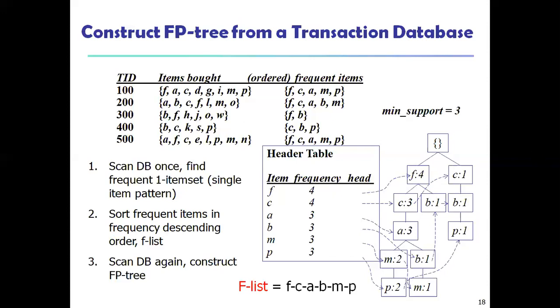The items bought are F, A, C, D, G, I, M, P in the first transaction, A, B, C, F, L, M, O in the second, B, F, H, J, O, W in the third, B, C, K, S, P in the fourth, and A, F, C, E, L, P, M, N in the fifth.